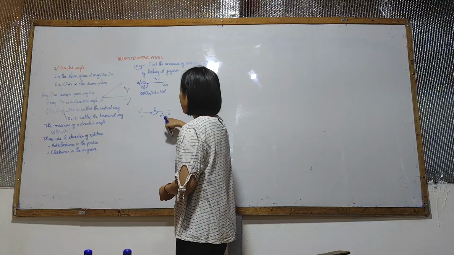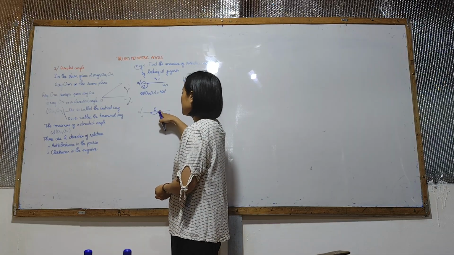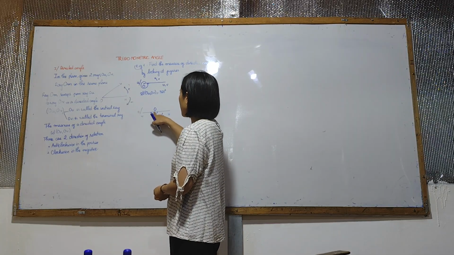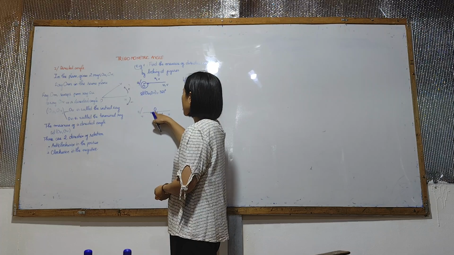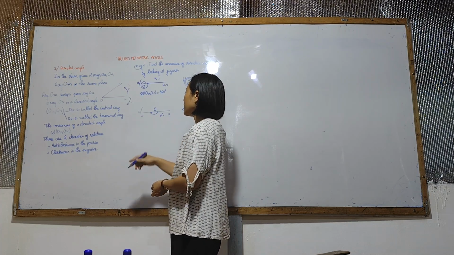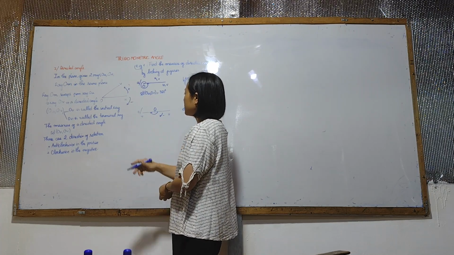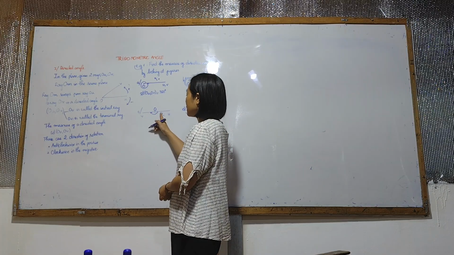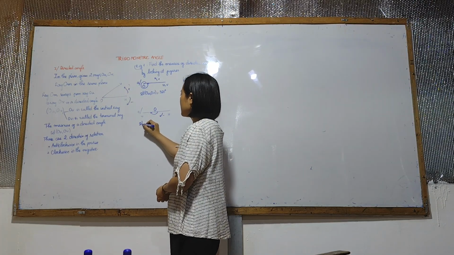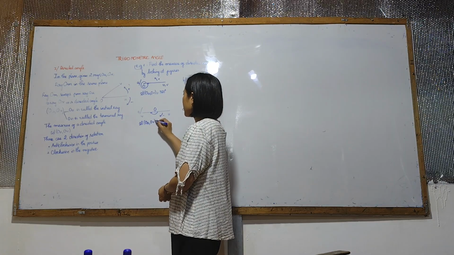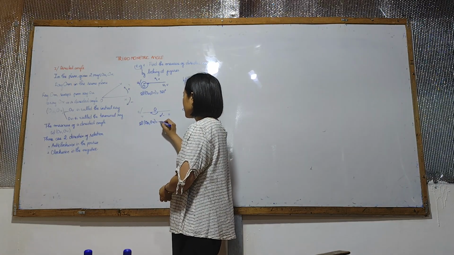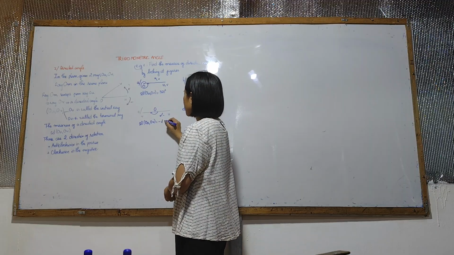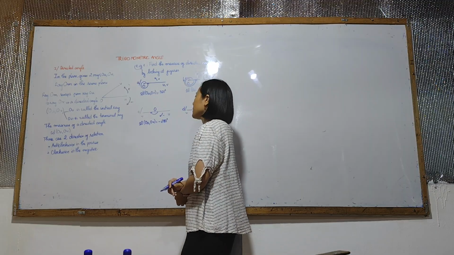Okay, C. By sweeping from ray OU to ray OV in the negative direction, a half round, the measure of this directed angle is negative 180 degrees.